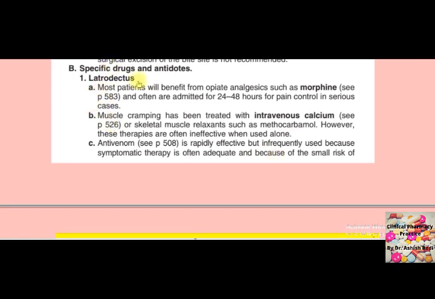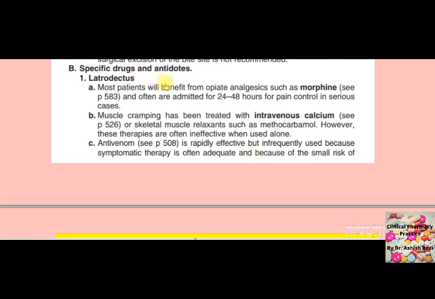For Latrodectus, most patients will benefit from opioid analgesics such as morphine to control pain. Muscle cramping is treated with intravenous calcium, as you know, calcium gluconate, or skeletal muscle relaxants such as methocarbamol.